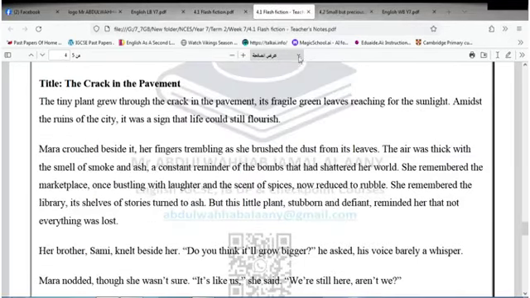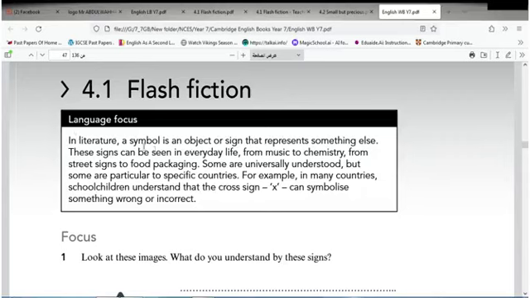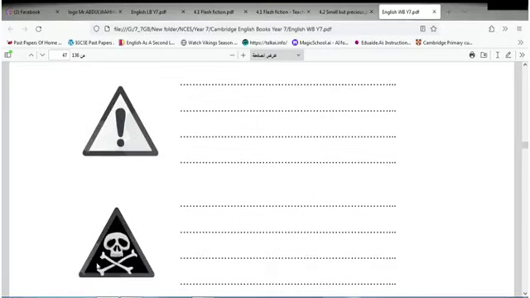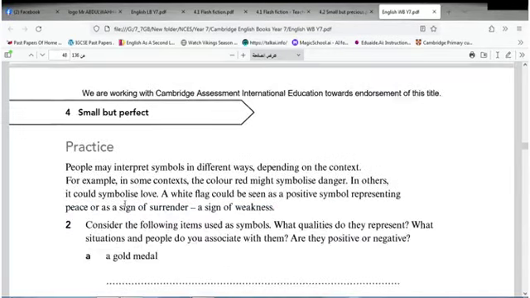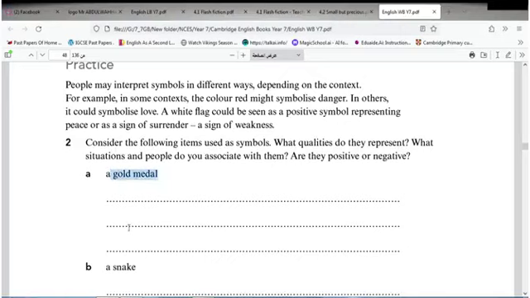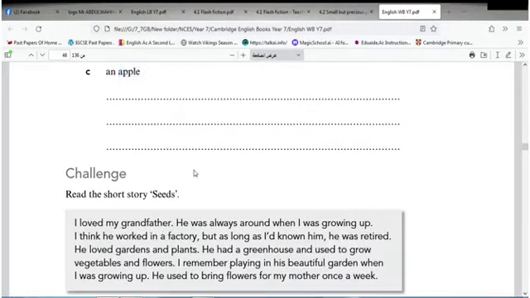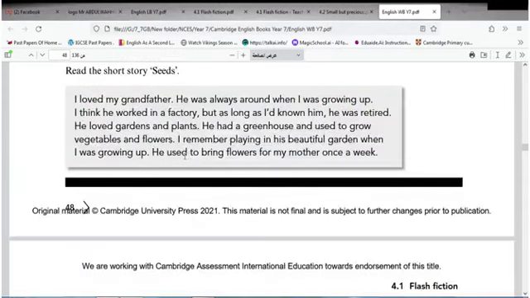The homework is in the workbook, 4.1, Flash Fiction. You have the focus, what is symbol or symbolism, and then what a gold medal or a snake or an apple is representative of, a sign to what.